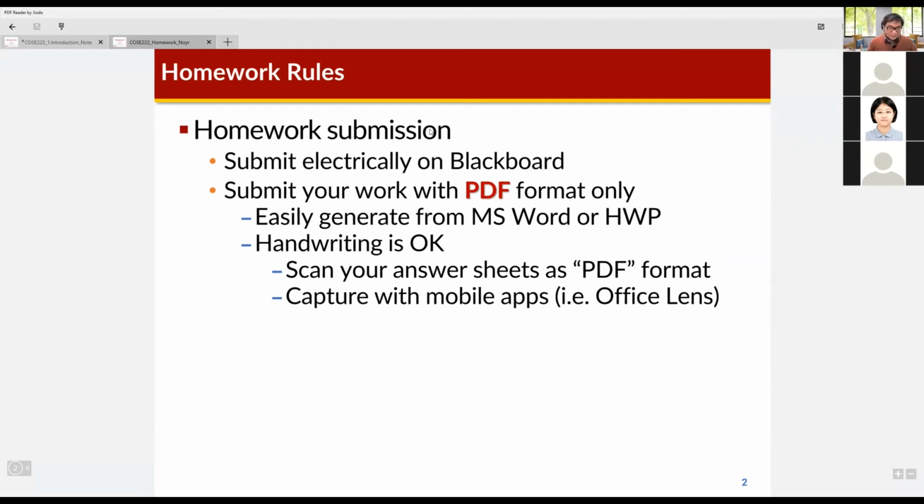Okay. So you need to submit your homework in PDF format only. You can easily generate this PDF file from MS Word or the Hangul word processor. That's easy, actually. Also, handwriting is okay.